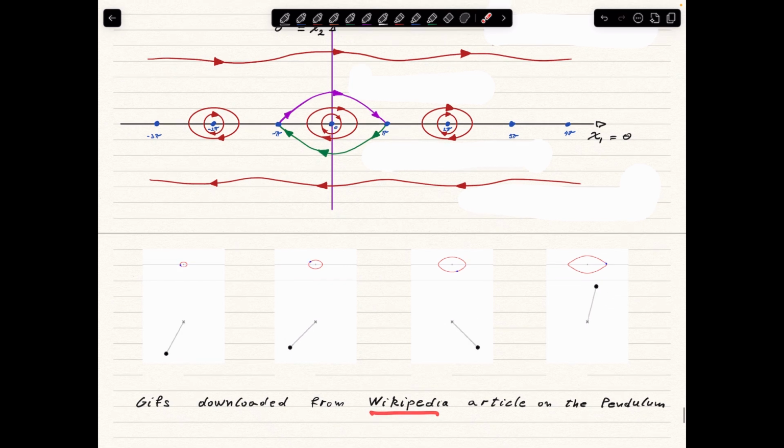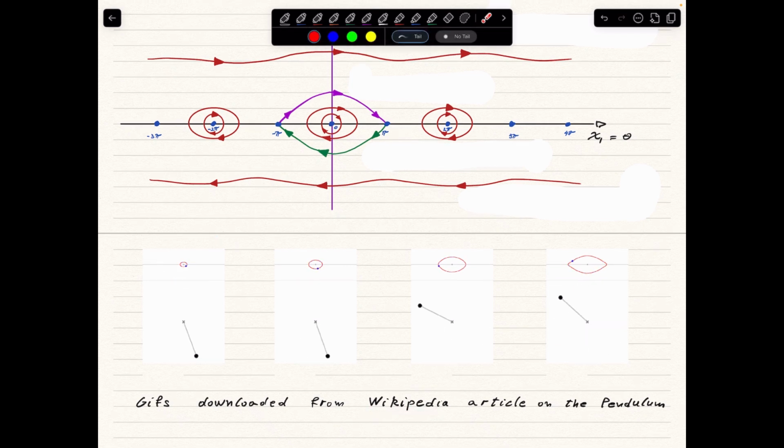This is what happens when we have a small oscillation like this one here. The pendulum is oscillating back and forth, and when the pendulum is moving in this direction, we are in the lower part. When it is moving in that direction, the velocity is positive and we are on the other part, and very small. Bigger oscillation means a larger curve, but there are no circles anymore.